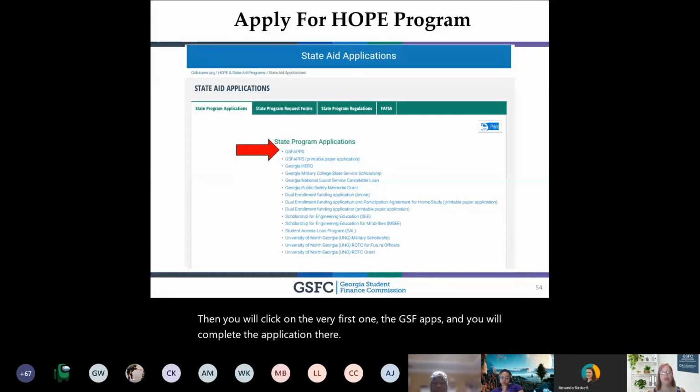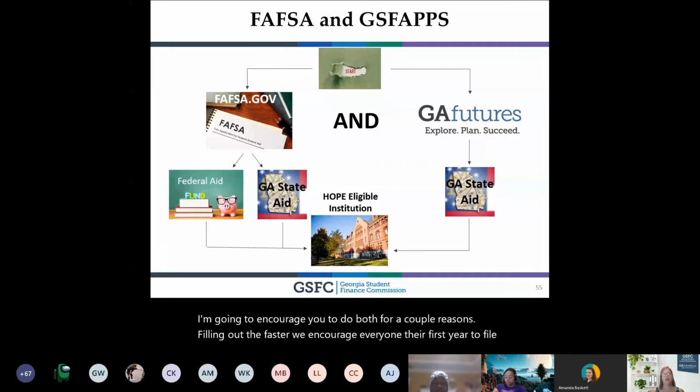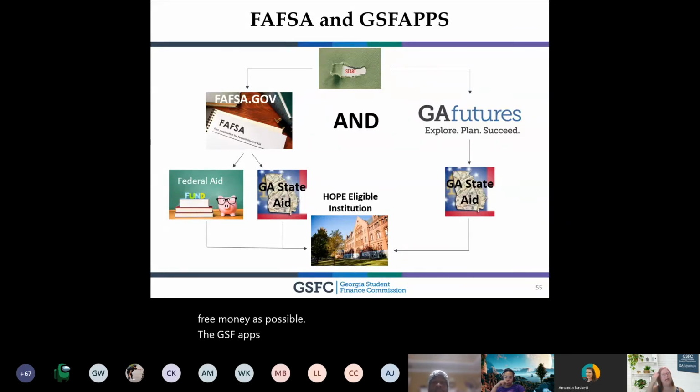I am going to encourage you to do both for a couple of reasons. Filling out the FAFSA, we encourage everyone their first year to fill out the FAFSA just to see what you get. Of course, your goal is to have a really low expected family contribution so you can get the most free money possible. The GSF Apps, of course, will just screen you for the state aid.